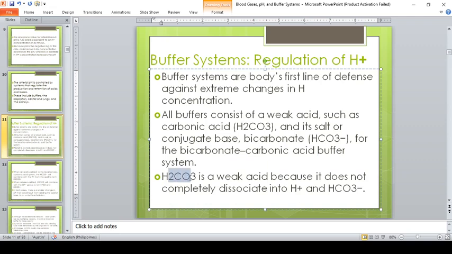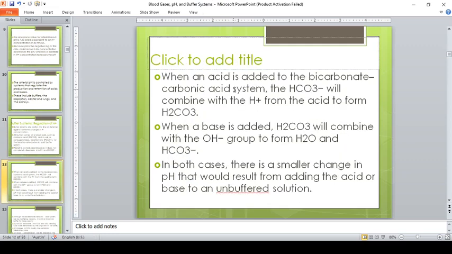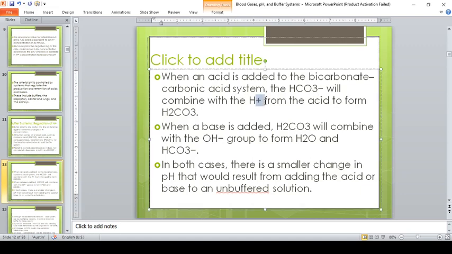Okay, so this is the carbonic acid. Carbonic acid is a weak acid because it does not completely dissociate into hydrogen and into bicarbonate. So when an acid is added to the carbonic acid system, the bicarbonate will combine with the hydrogen ion from the acid to form the carbonic acid.